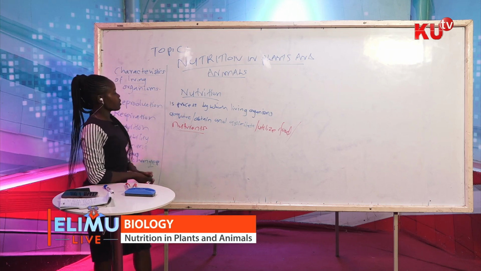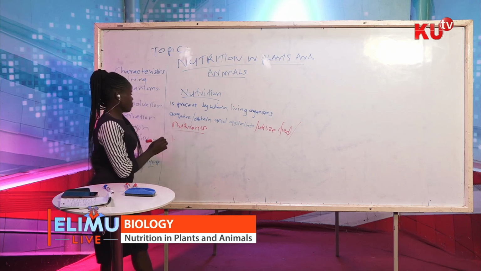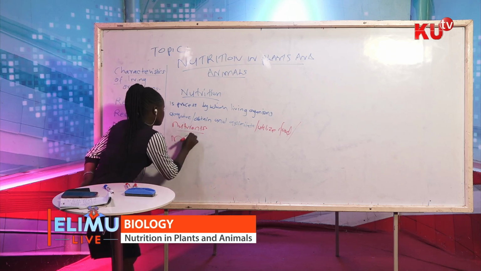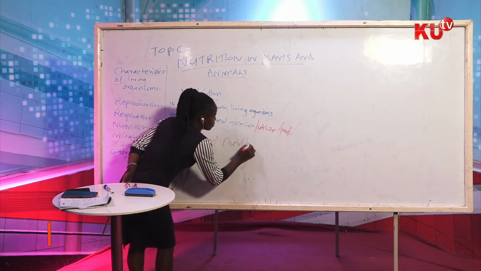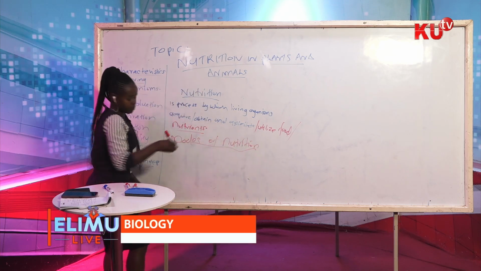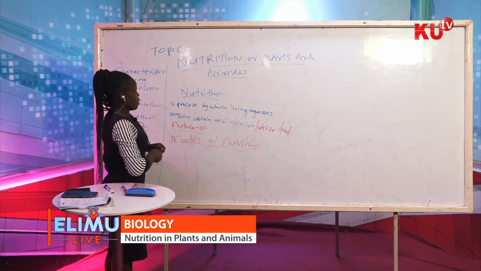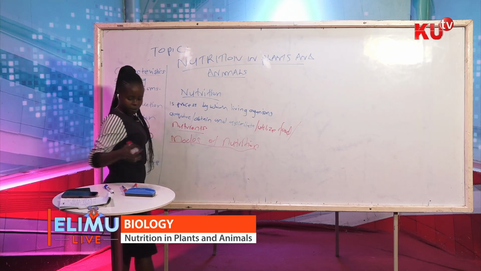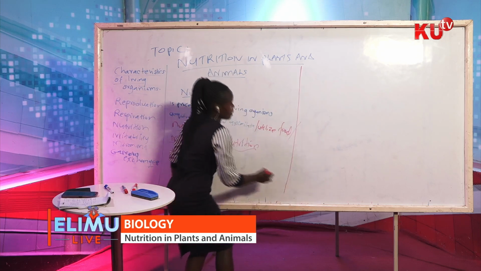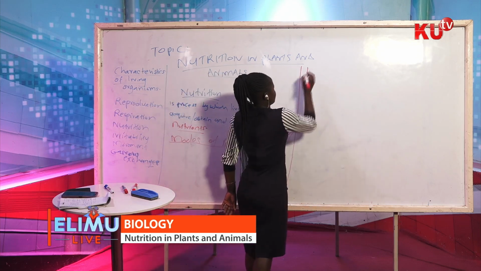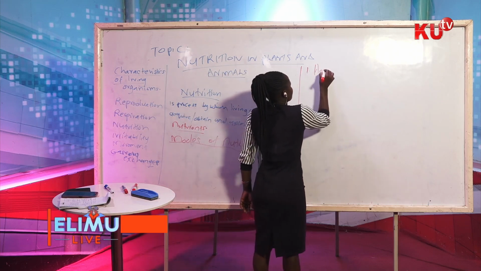There are two modes of nutrition. The first type of nutrition is heterotrophism.